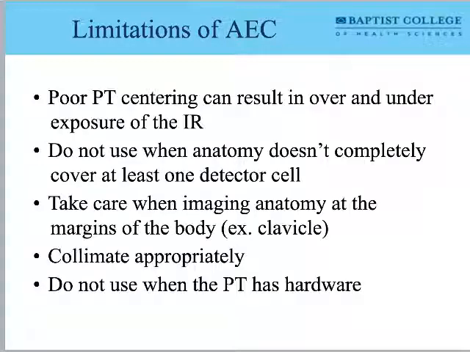What's the metal going to do, Ms. Ryan? Is it going to attenuate more X-rays or less X-rays than what is normally in that anatomy? It's going to attenuate more X-rays, and if the flashlight's over the photocell, what's going to happen to the rest of the picture?